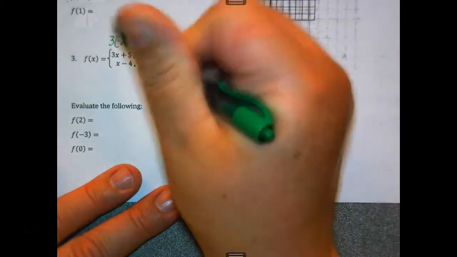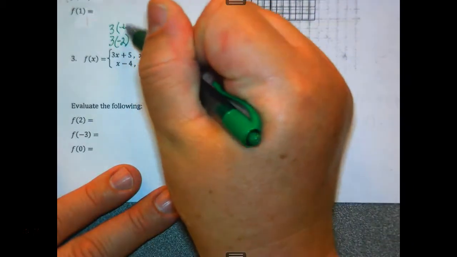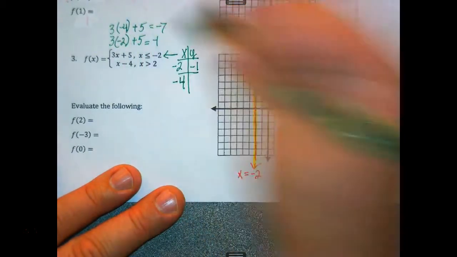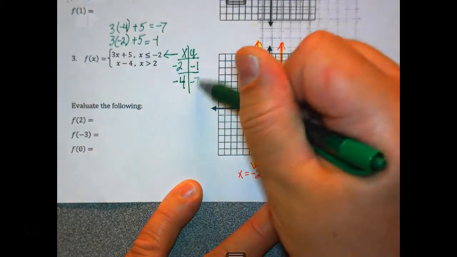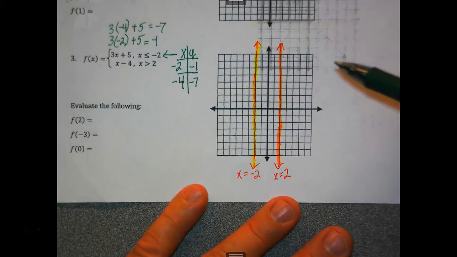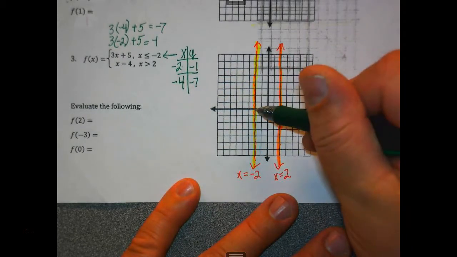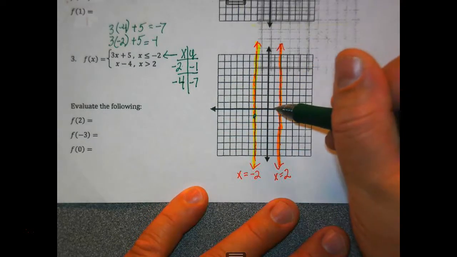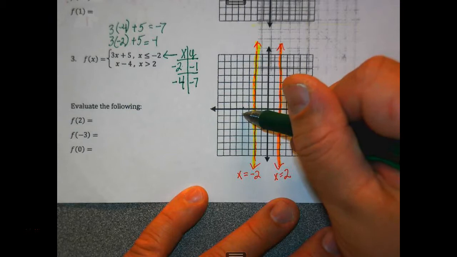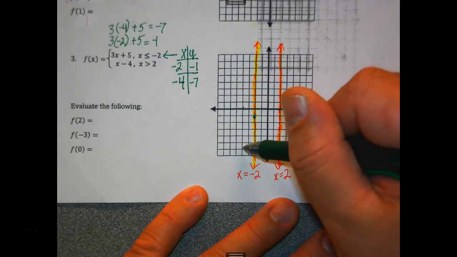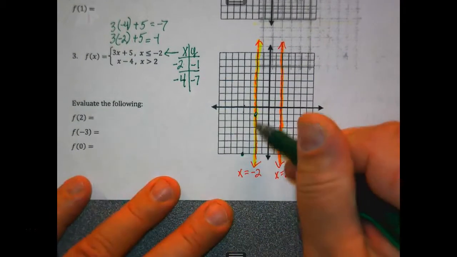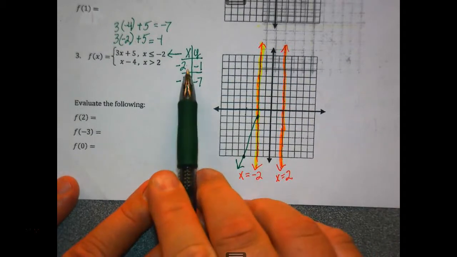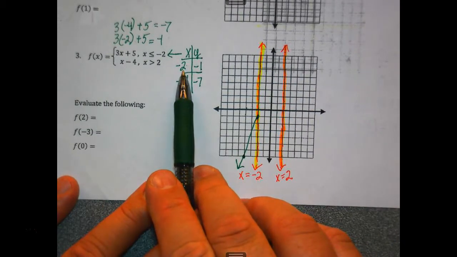I'm going to use -4. 3 times -4 is -12 plus 5 is -7. Okay, so I'm going to plot these. -2, -1, and -4, -7. Open or closed circle at -2? Closed.